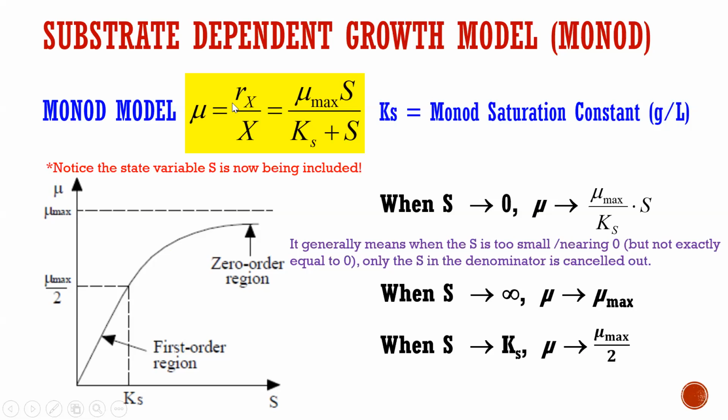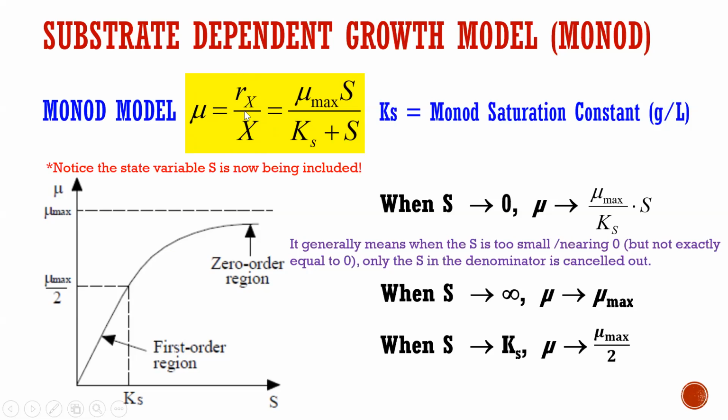From the Malthusian, the rate of growth is proportional to the cell concentration. So it is Rx equal to mu X. So you just transfer the X here. Why do you do like this? Because you want to make this mu a function. All right.